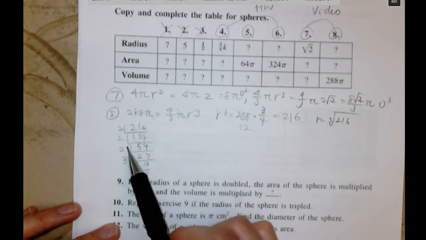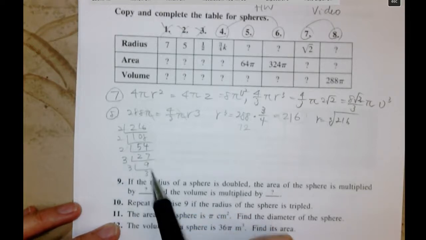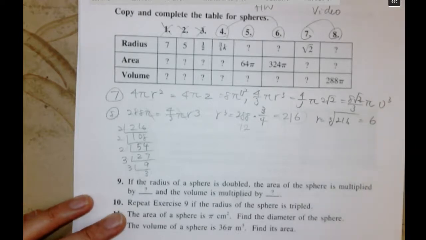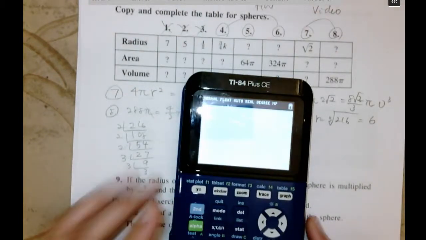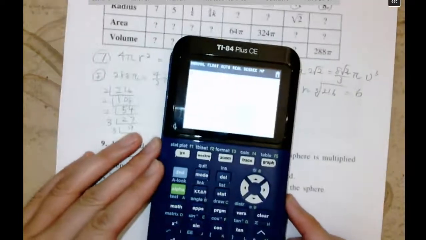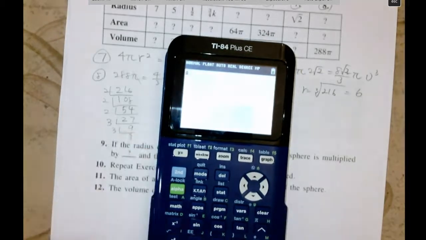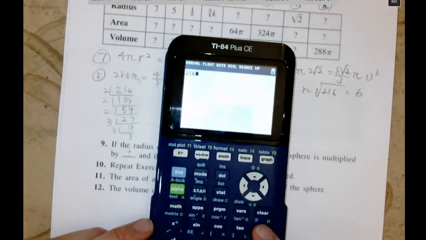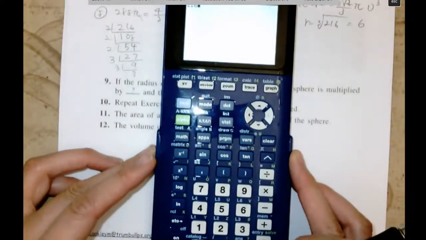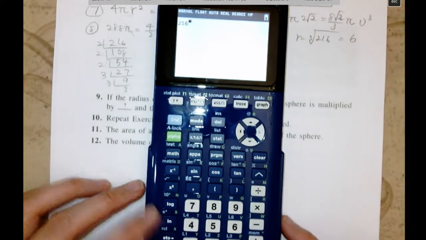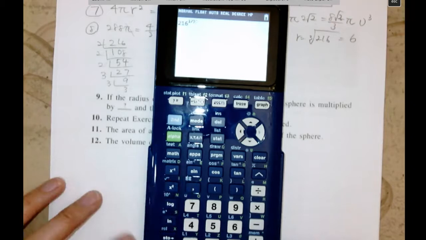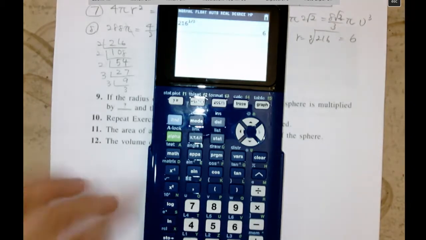So 2 is repeating 3 times and 3 is repeating 3 times, so this is 6. That's what you have to do on the SAT and such, where you don't get a scientific calculator. But if you want to use a calculator, which you can do on my test, you do 216 to the power of 1/3, which is 6.